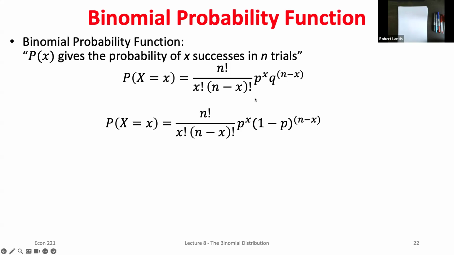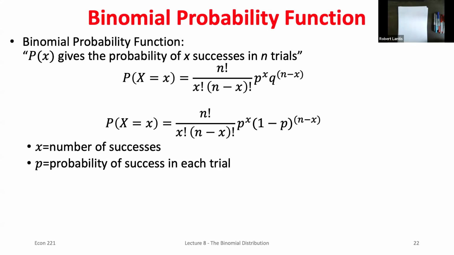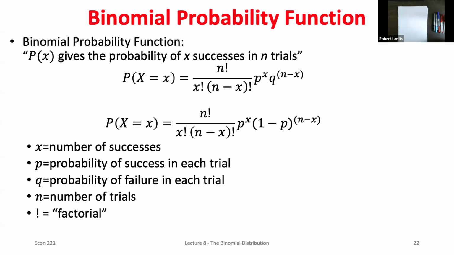Then we're just taking things to powers and using factorials. Once again, this should look similar to what we were doing with that birthday example. These factorials mean start with n, multiply all the way down to 1. So x is the number of successes, p is the probability of success in any trial, q is the probability of failure, and n is the number of trials. Factorial is this idea that I start with whatever value n is, multiply by n minus 1.